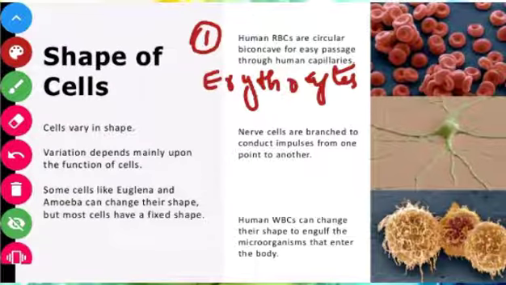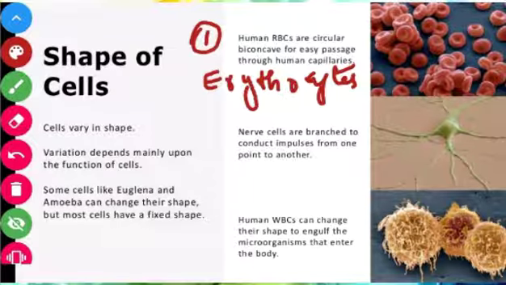As I told you, the shape is based on their function. Based on how a cell functions, the shape of the cell is dependent. The RBC is circular and biconcave. Why are these cells circular and biconcave? Because with this shape, these cells can easily pass through the human capillaries.